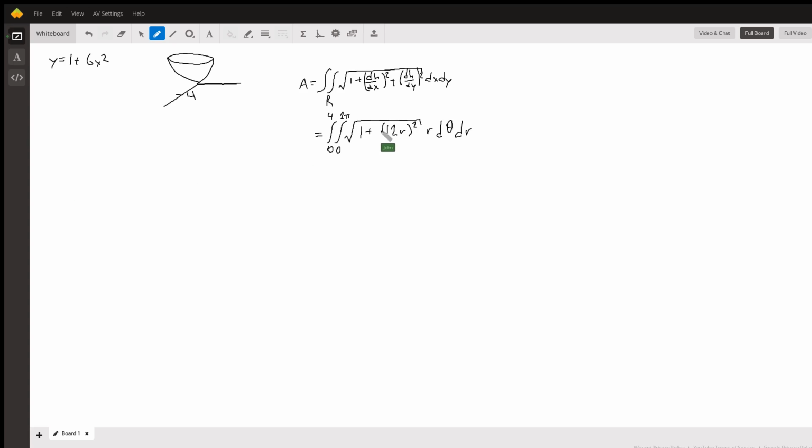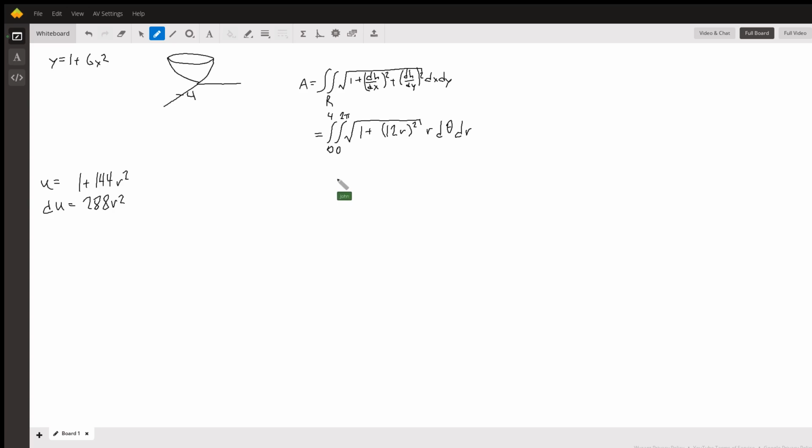So we turn whatever's inside the square root here into u, and then we just take this derivative and solve it that way because it becomes much simpler. So we define u is equal to 1 plus 144 r squared. And then du is equal to 288 r squared.